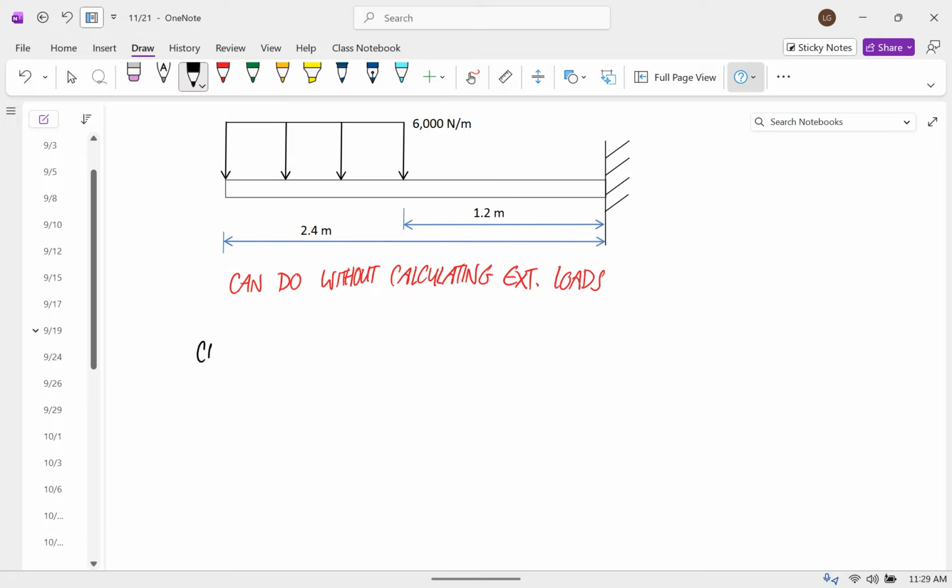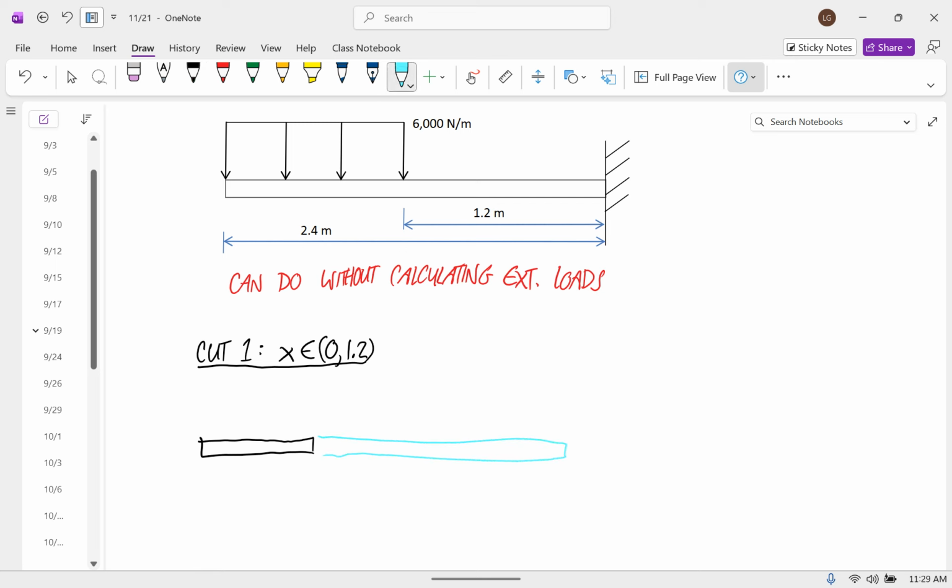So our first cut is for x's between 0 and 1.2. And it looks like this. We don't have all of the distributed load. All this light blue stuff is not included.